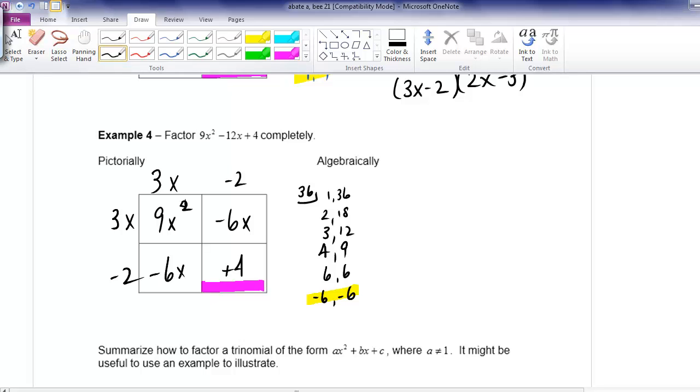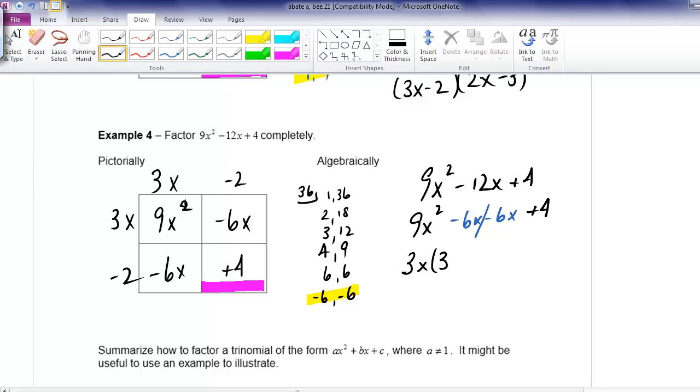If we did it algebraically, we'd do it the exact same way. We'd break apart the middle term exactly as I've done in the middle. So this middle column of breaking 36 is common to both methods, whichever one you choose. The only difference is this is algebraic, and I think it's a bit trickier, but again, ultimately I want you to be able to do that.